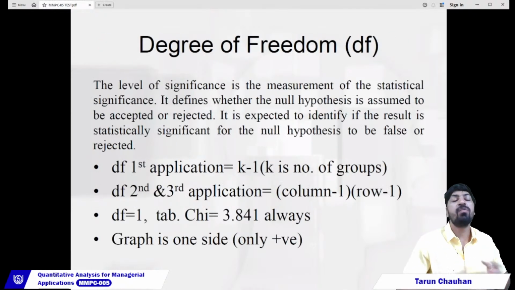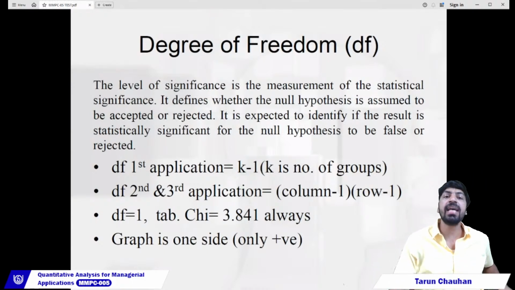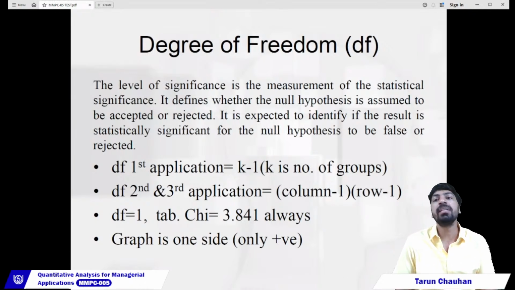Let's talk about one of the major concepts, that is the level of significance and the degree of freedom. Degree of freedom, the symbol is df in small letters. The level of significance is one of the measurements of statistical significance.